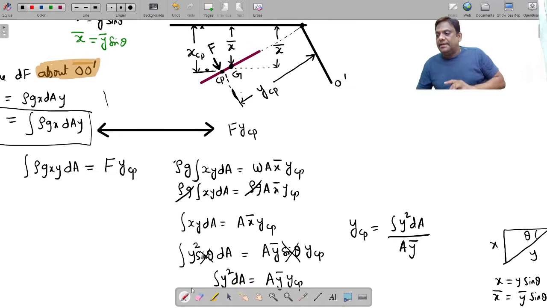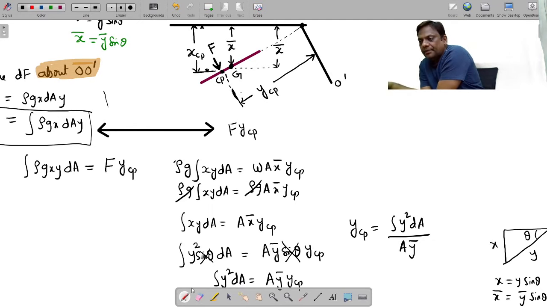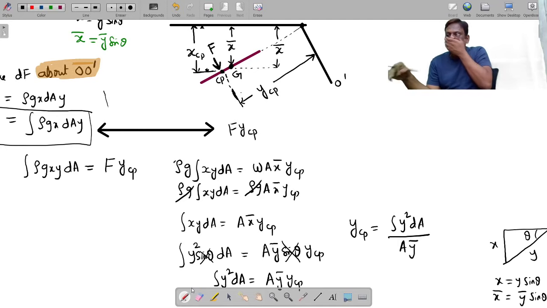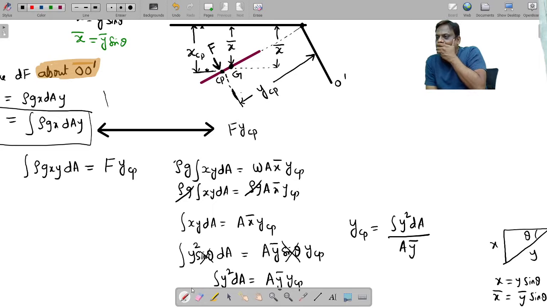All of you, till now is it clear? It is a very important derivation. Only Navlesh, Dilip are saying yes, sir.